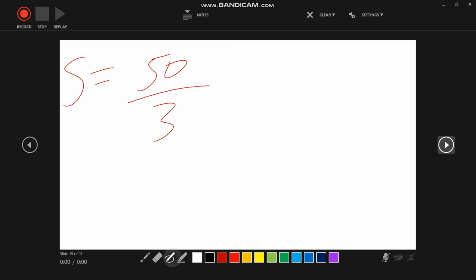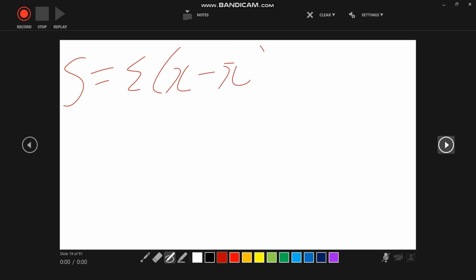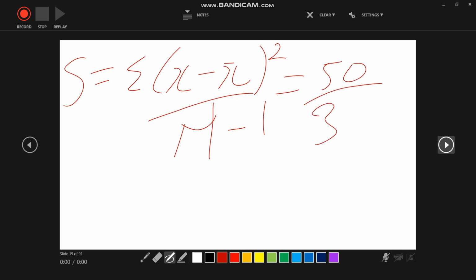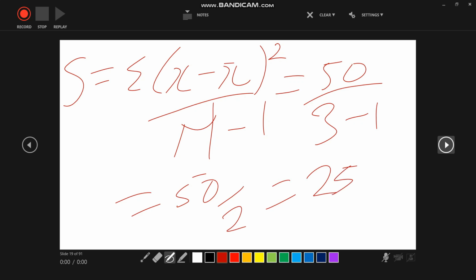The formula for our variance is the summation of x minus x bar squared divided by n minus 1. So this one is 50, our n is 3, so it will be 3 minus 1, and this will be 50 divided by 2, and this will give us 25. So our variance is 25.